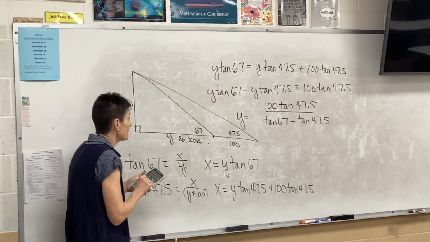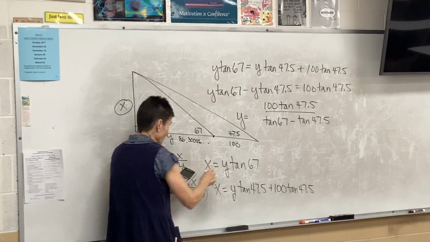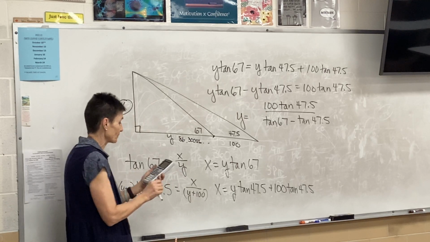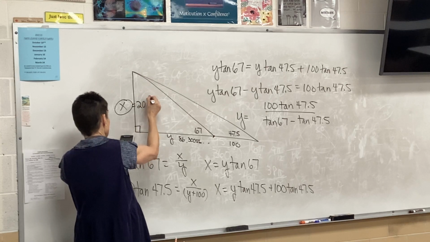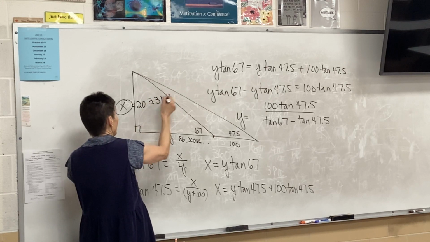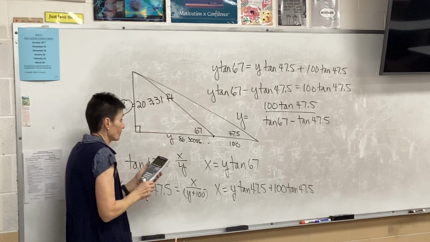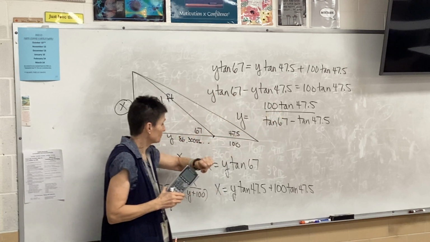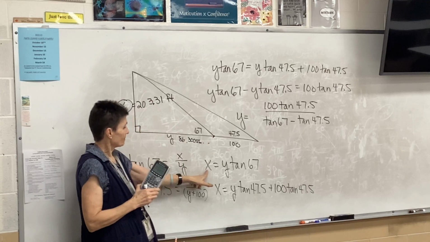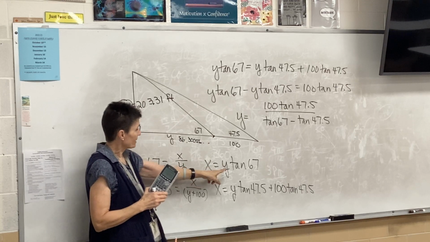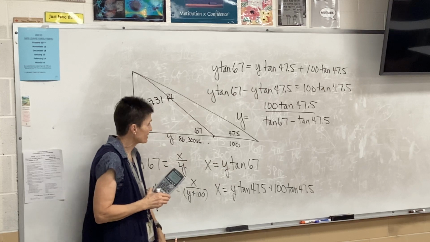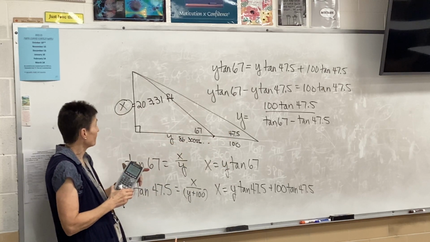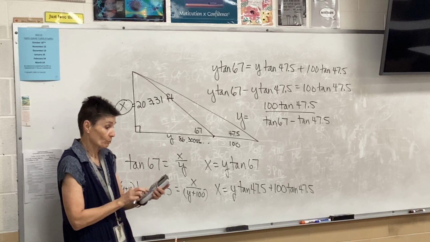Twice, so I think that's right. So that's my y. Now I'll simply say times tangent 67, and the height of the building is 203.31 feet. So when I solve my system, I got a y value, but I needed an x, so I know that x is y times the tangent of 67, so I just took my 86 times the tangent of 67, and that gave me 203.31.